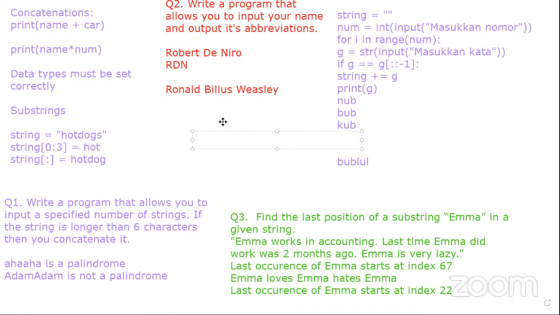Let's say the string is helicopter. Say you want T in particular. T is basically 0, 1, 2, 3, 4, 5, 6, 7. So T is equal to 7. And in the substring, you would do 7 and you get T. But you want the 7. You don't want the T, you want the 7.